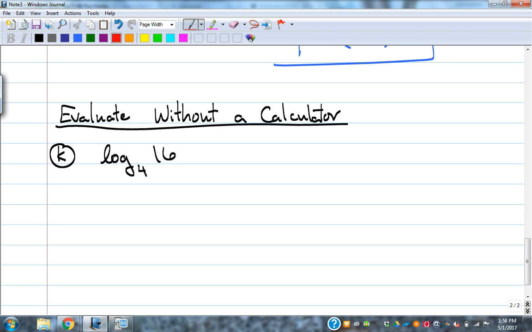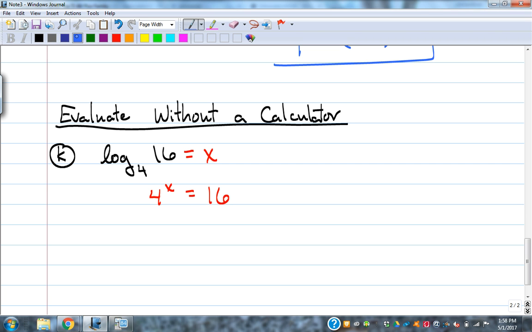And so what you're thinking here is, okay, what base 4 gets me 16. This one's pretty easy to get. It should be 2. But the way I think about it is I say, okay, well, that's equal to x. If I set it up as that, then I can rewrite that as an exponential. 4 to what power is equal to 16?